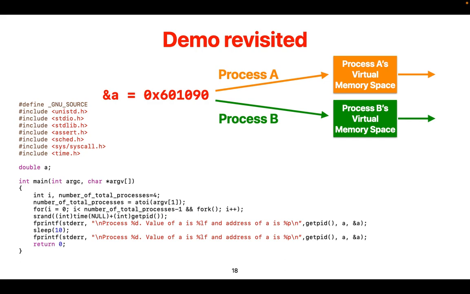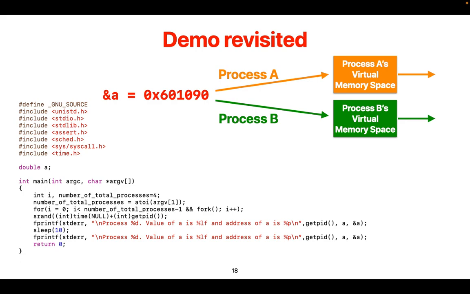So the high-level perspective is this. Although those programs may have the same memory address, like what we showed in the demo, the address of A is 0x601090, process A and process B both have their own virtual memory space.